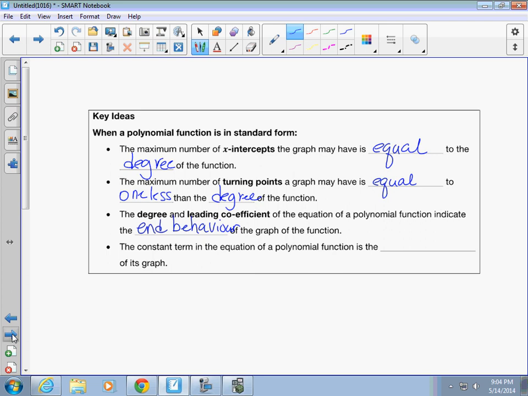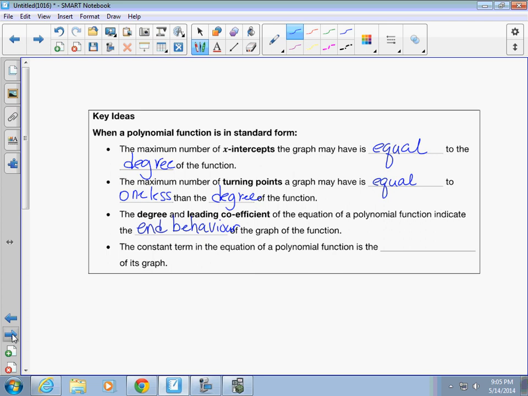For the degrees of 3, for a positive, if I didn't have a constant, I was starting in quadrant 3 and ending in quadrant 1. If it would be a negative degree of 3 without a constant, I would be starting in 2, ending in 4. For a positive cubic, I would start in quadrant 3 and end in quadrant 1.